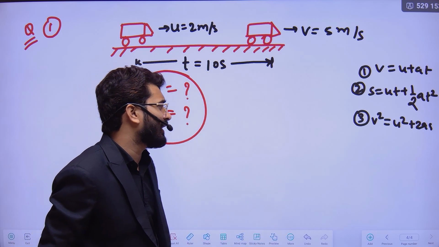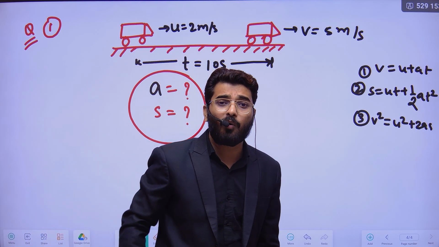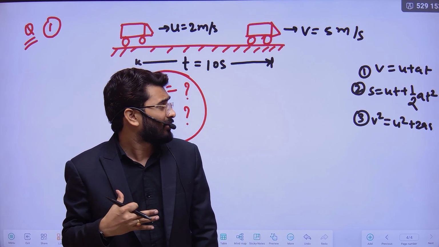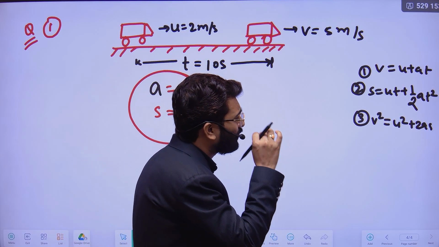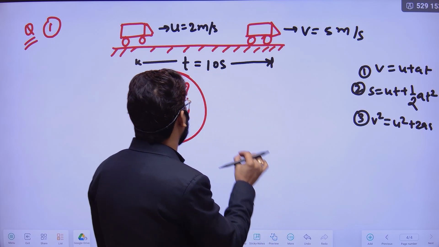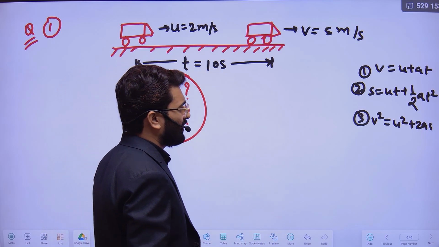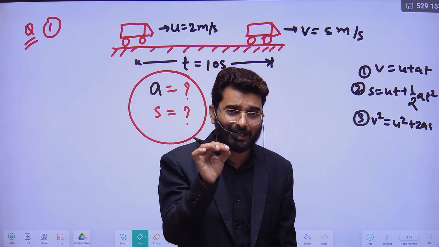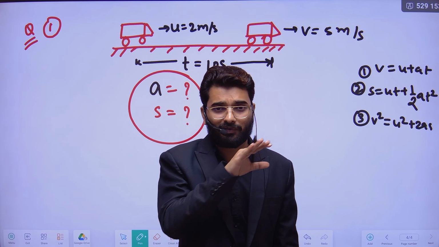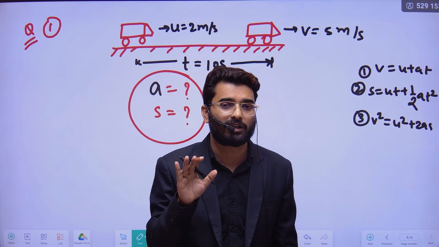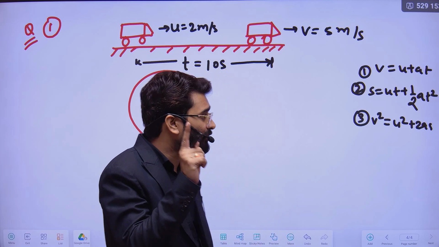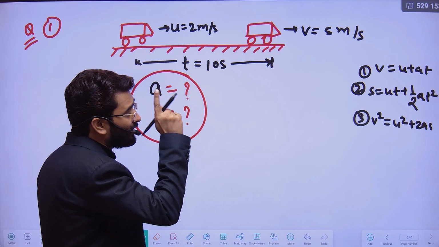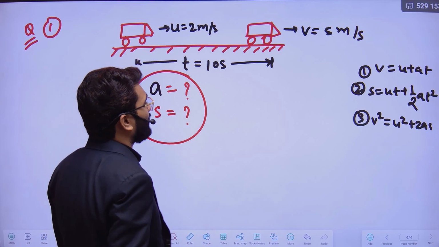It's not important just to solve these questions. The important thing is how to choose the correct equation. If you learn how to choose the correct equation, then you will be perfect at solving all the equations and numericals. The first step is to choose the correct equation for this problem.